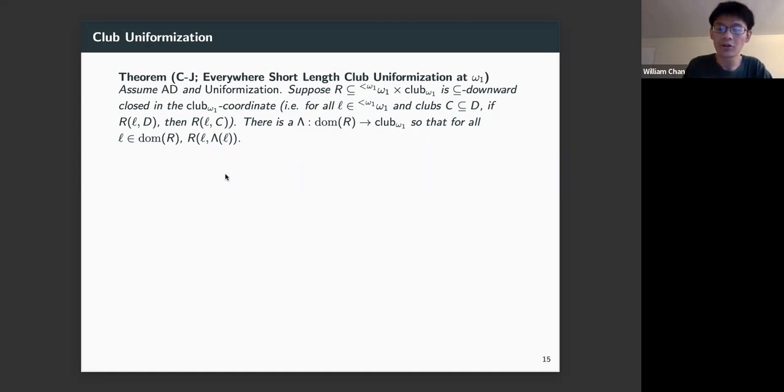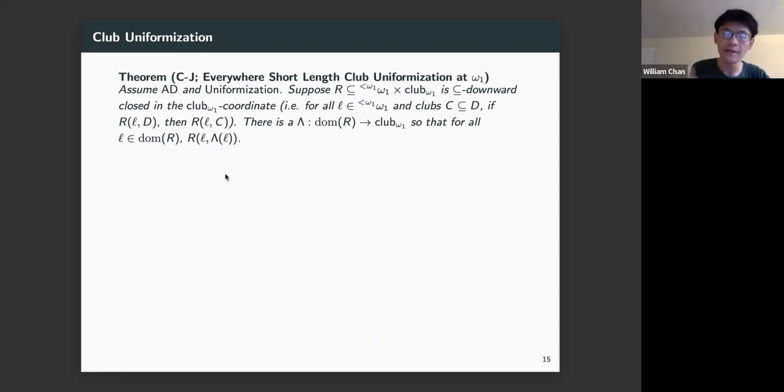Then every relation R on omega 1 to the less than omega 1 cross club subset of omega 1, which is subset downward closed in the club coordinate, meaning that if R(L, D) holds and C is a subclub of D, then R(L, C) holds, then you can find this function gamma, which is defined on all of the domain of R, picking out clubs, so that for any L in the domain of R, R(L, gamma(L)) holds. In other words, gamma(L) is a club which is associated to L with respect to this relation R.